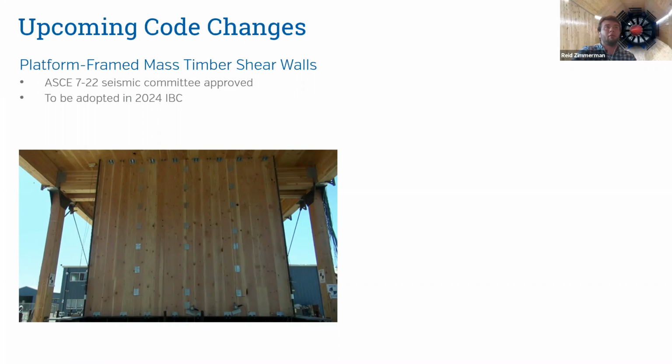I think there's going to be legs to that. Even though it's not the rocking wall system, it's not a super high ductility system, so I think we're still going to see it most applicable to those buildings which already have a high wall density for other reasons, like apartment buildings and so on.